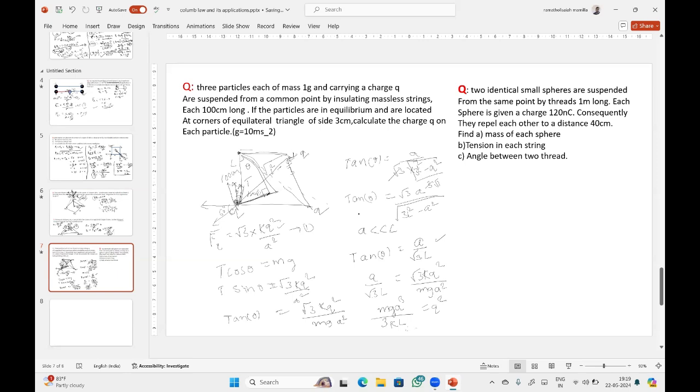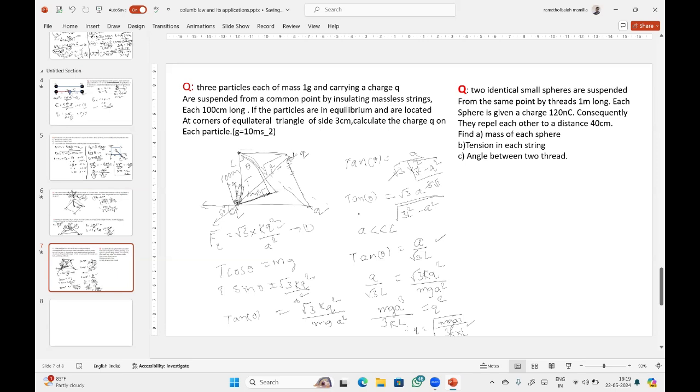Therefore Q is equal to root over mg into A cubed, where A is the side of the triangle, by 3K, with K value 9 into 10 power 9, into the length of the string here. So this is the answer.